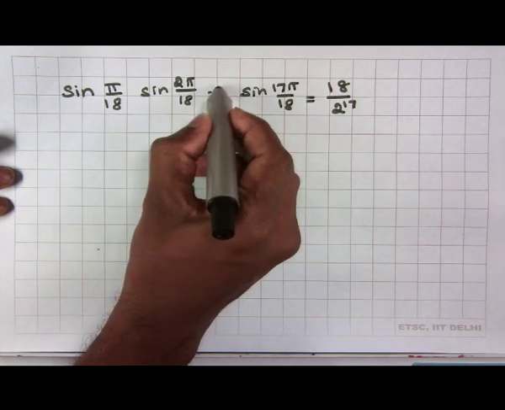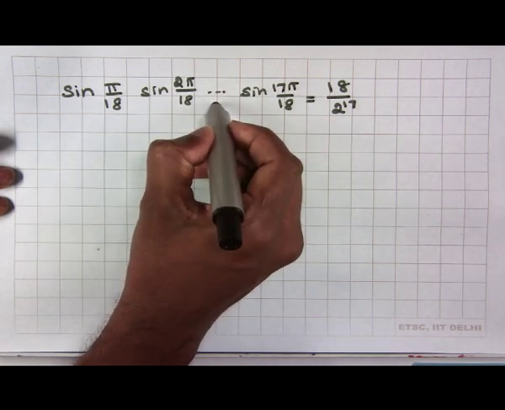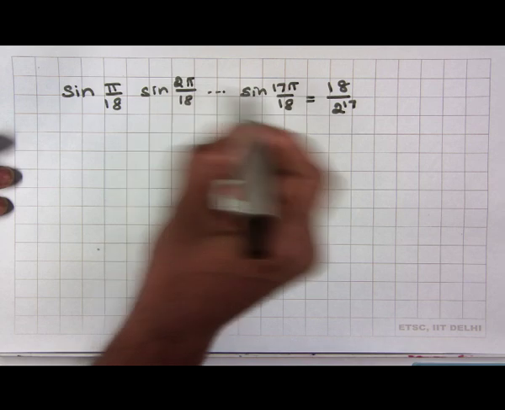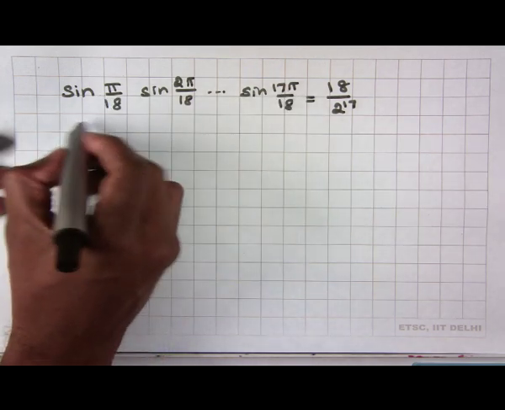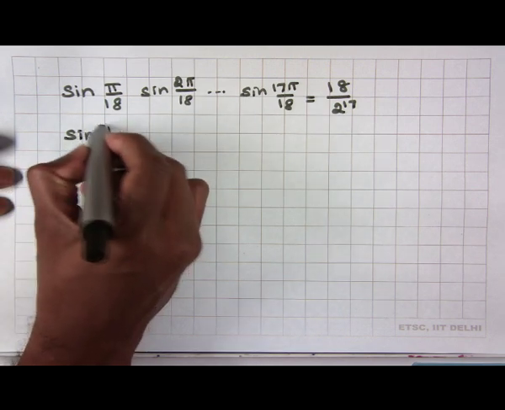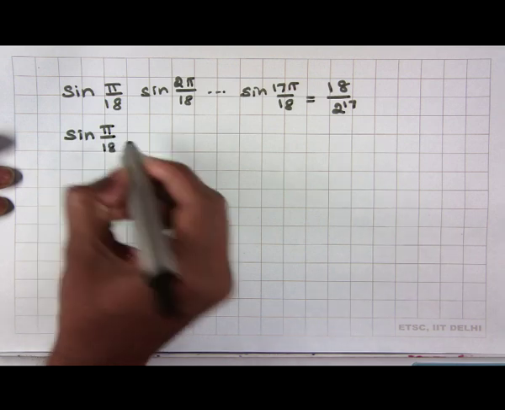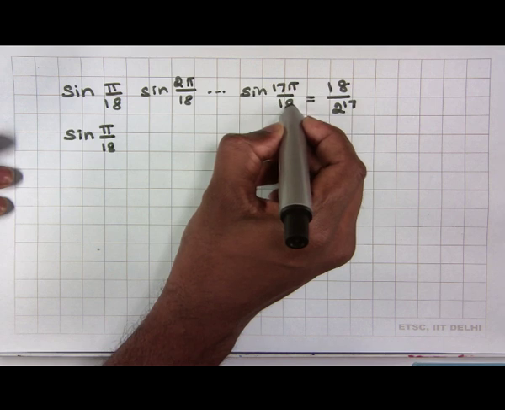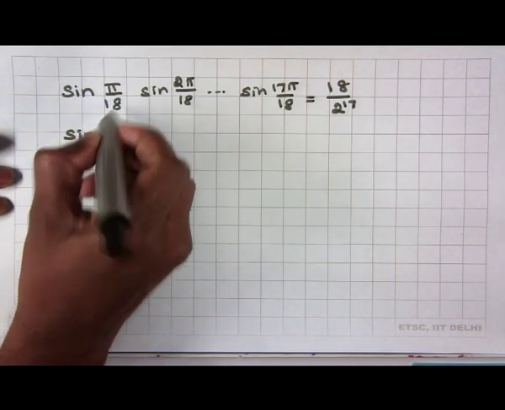We observe the ninth term is 1 and the remaining terms are repeating, in the sense that sin 17 pi by 18 is the same as sin pi by 18.